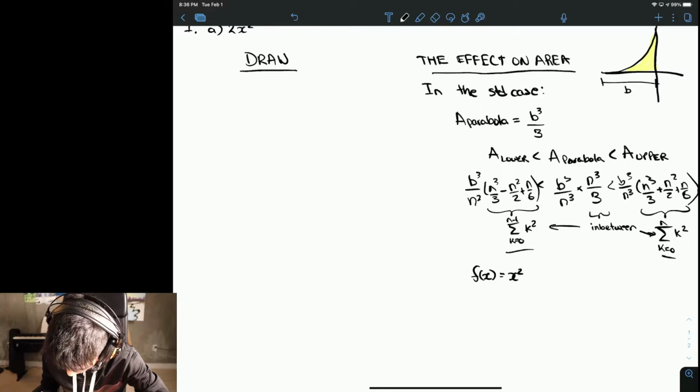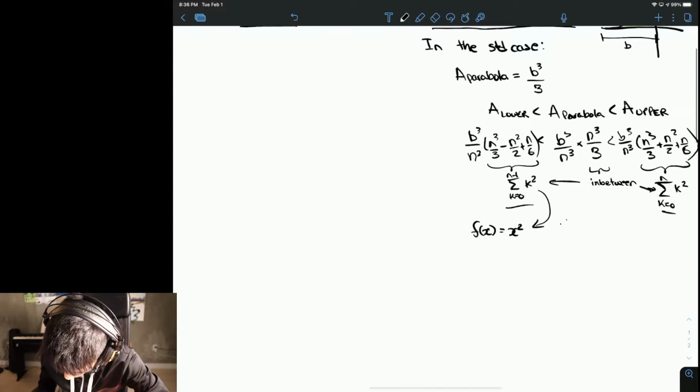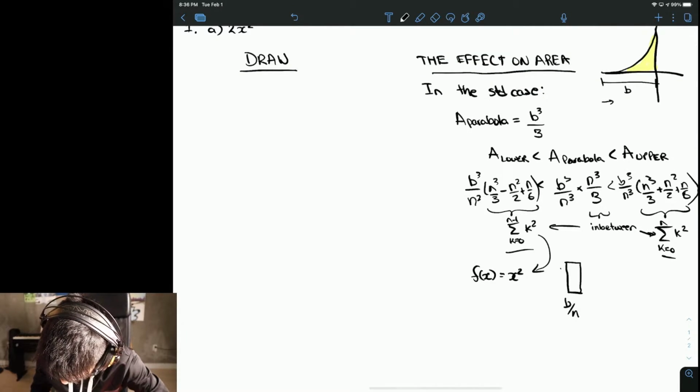The k squared is that x squared, and the goal was to construct a rectangle where the width is b over n for n different rectangles that spanned this way, from here to here, here to here, etc., all the way up.